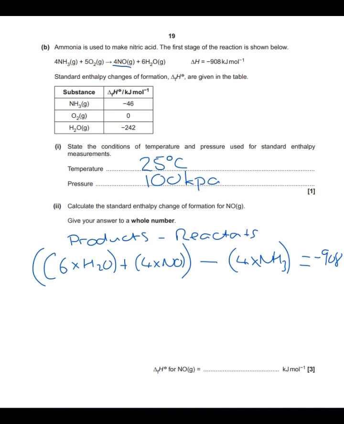So let's input some numbers. So for water, we've got 6 lots of water. We're using the value in the table, 6 times minus 242. We don't have the value for NO at the moment, and we're going to minus 4 lots of ammonia.